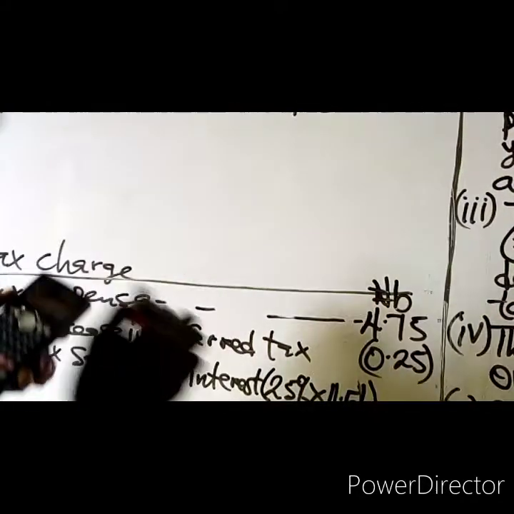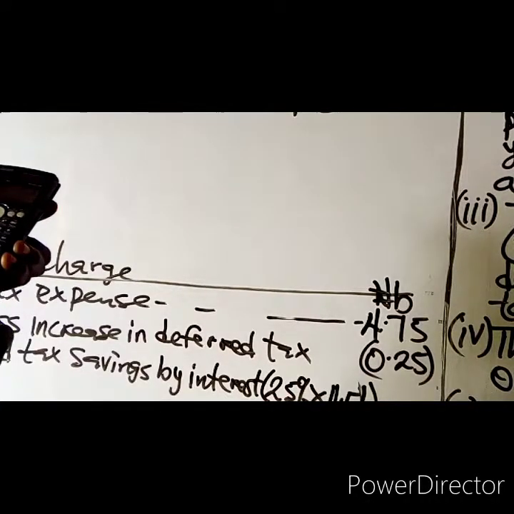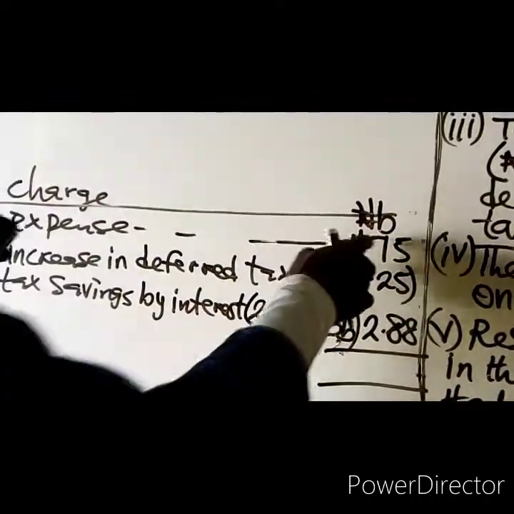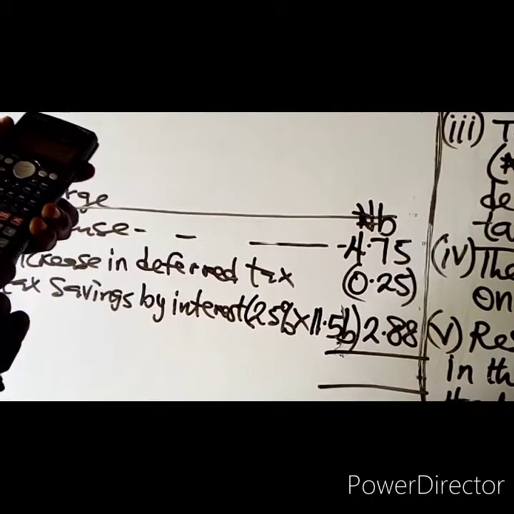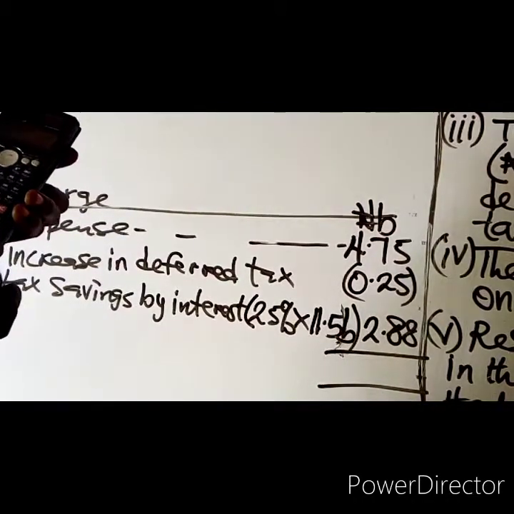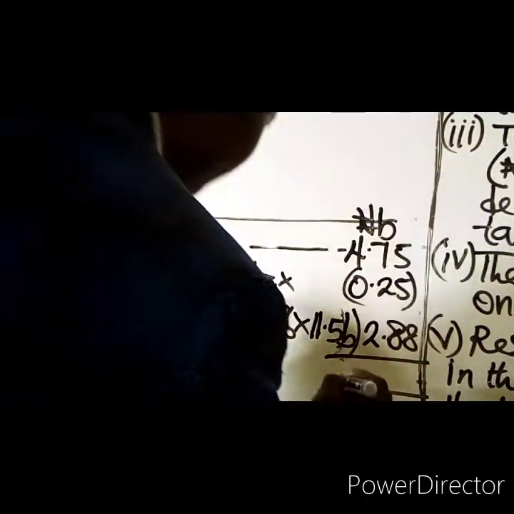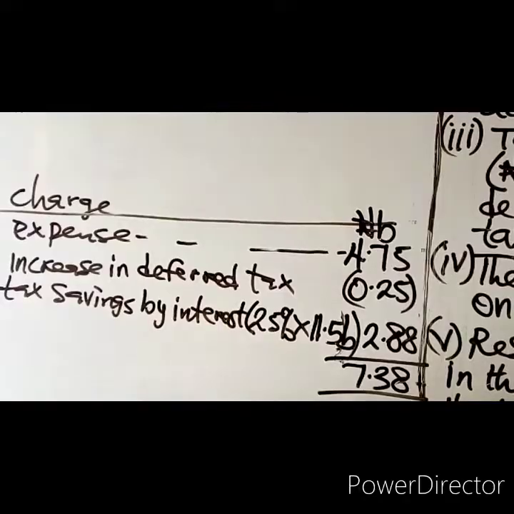So 25% of 11.5 will give us 2.88. So when you add this, minus this, plus this, 4.75 minus 0.25 plus 2.88, the amount of tax to be used for the purpose of NOPAT is 7.38.